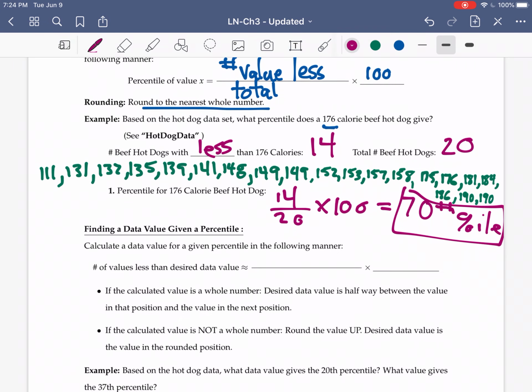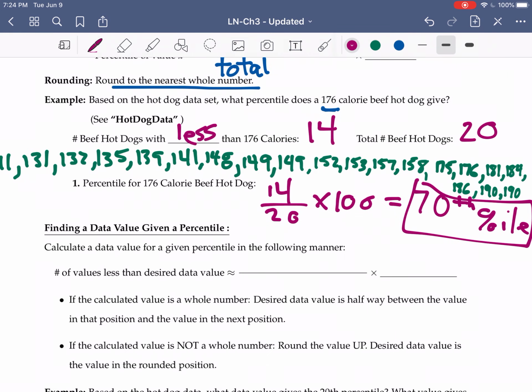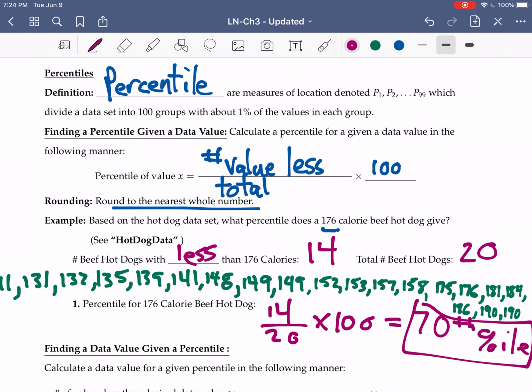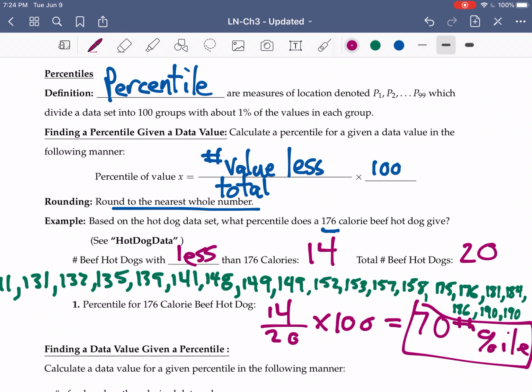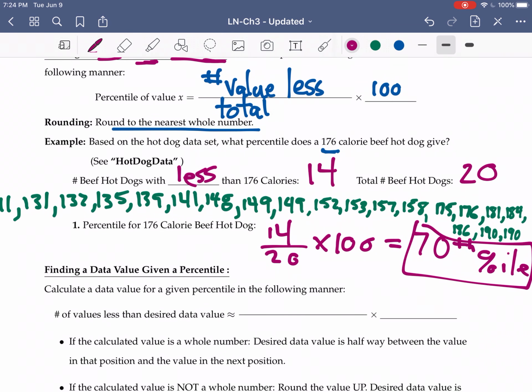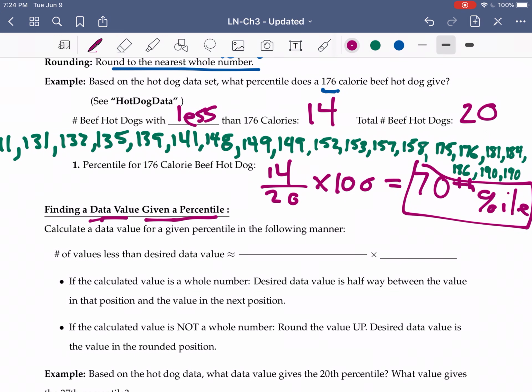If we want to go the other direction, to find what data value gives a percentile, we just found a percentile given a data value. Now we're going to find a data value given a percentile. This is a little bit trickier because the process doesn't reverse perfectly.